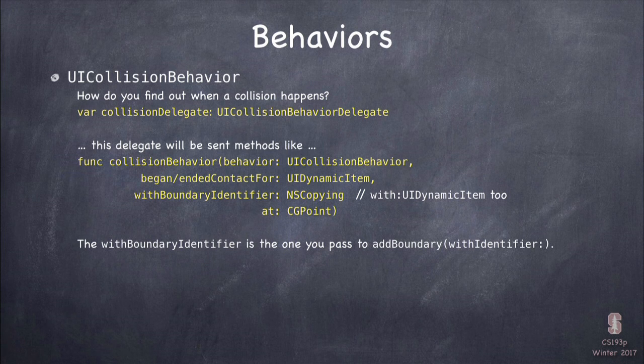So there's that identifier telling you this boundary that you set is doing this. And it'll even tell you the point at which those two things collided. If it's talking about a collision between two UIDynamicItems, then it'll say with UIDynamicItem instead of with boundary identifier. Okay, so this is really cool. When the collisions happen, you get to find out that they happen. And again, we're going to use that in our demo as well.